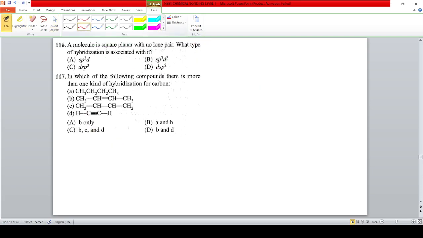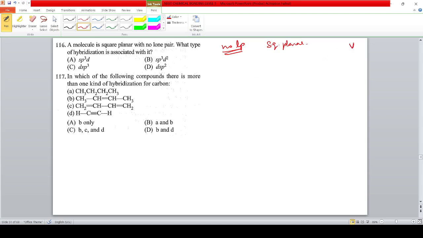116. A molecule is square planar with no lone pair. But it is square planar. That means it will involve an inner d orbital. Why?